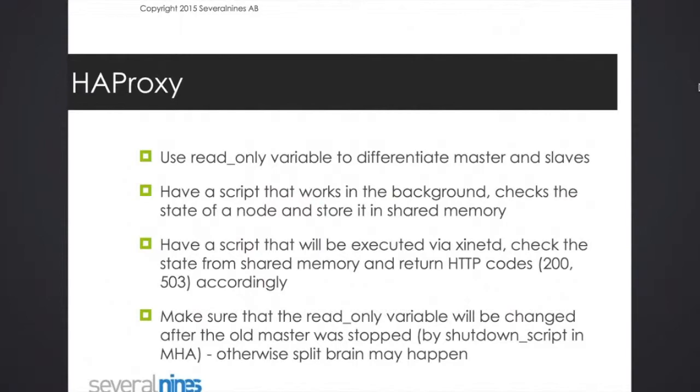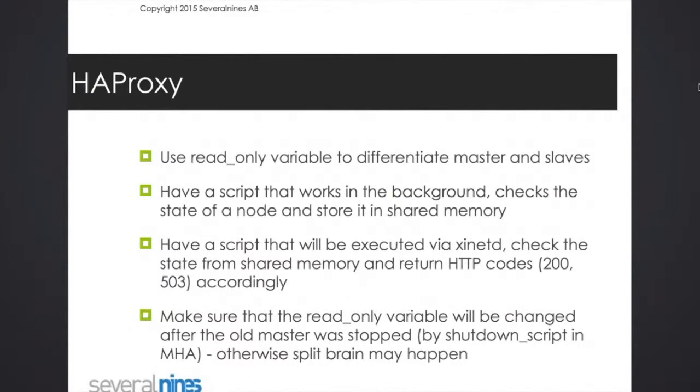What's important to keep in mind is that you need to make sure the read-only variable is changed only after the old master was stopped. You don't want to be in a situation where two nodes have read-only disabled, because then HAProxy will detect two masters and route the traffic to them, which may cause split brain and serious problems with database data consistency.